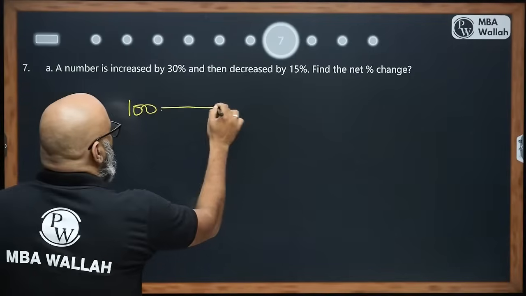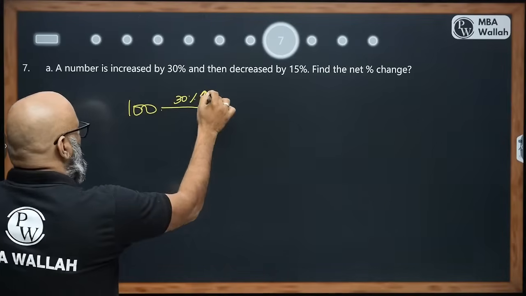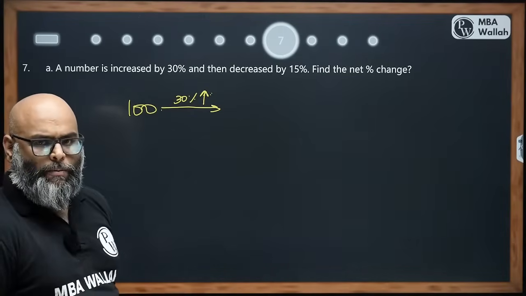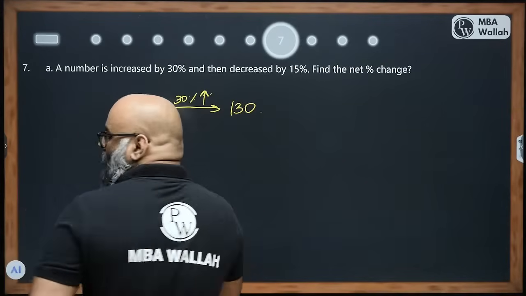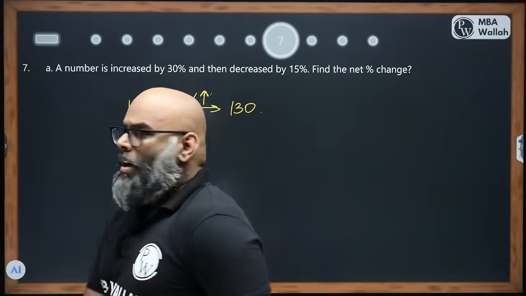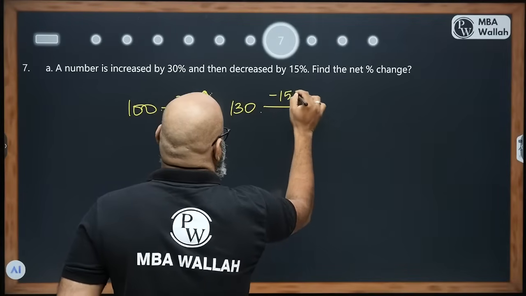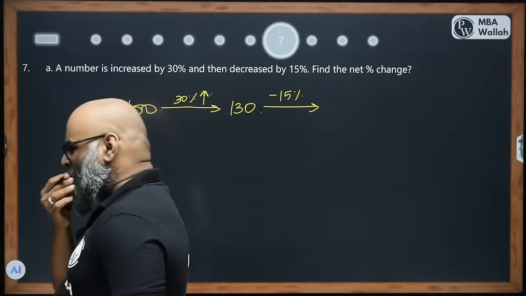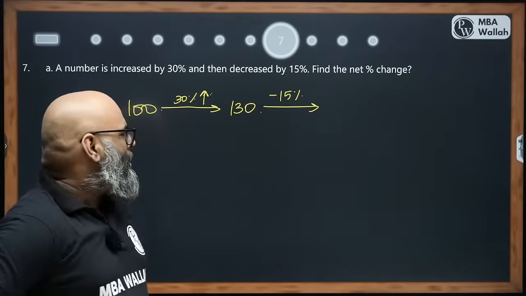I'm going to increase it by 30%, which will take the value to 130. And again, I'm going to decrease this value by 15%.